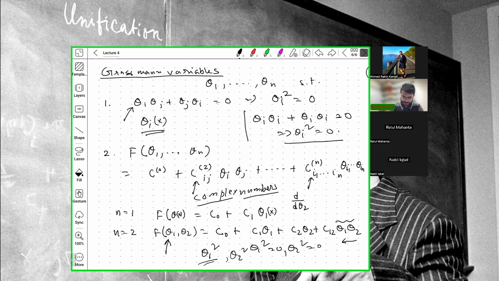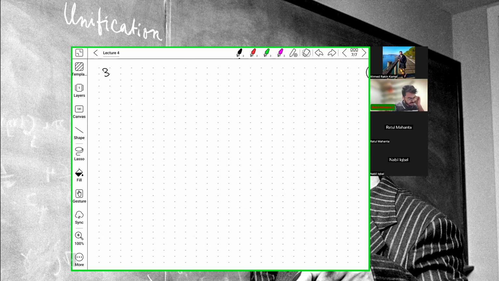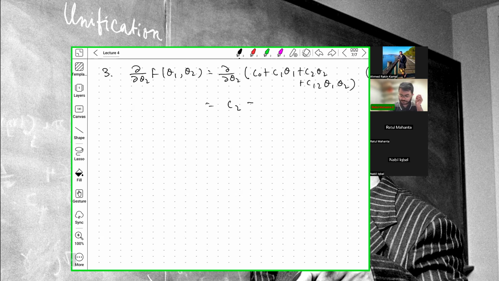So the third property is on differentiation. So that would be, say, C2 will contribute and minus C12 theta 1, because you have to first write it as minus C12 theta 2 theta 1 and then take a derivative.